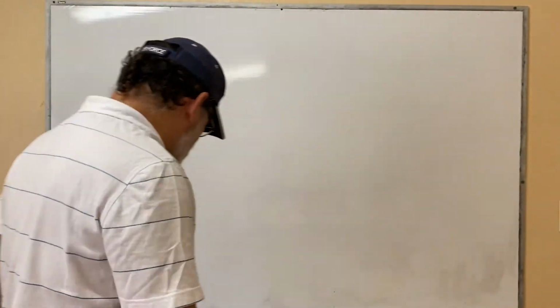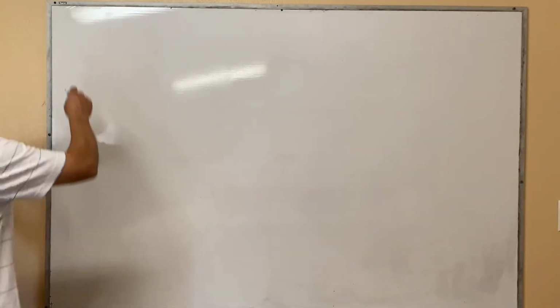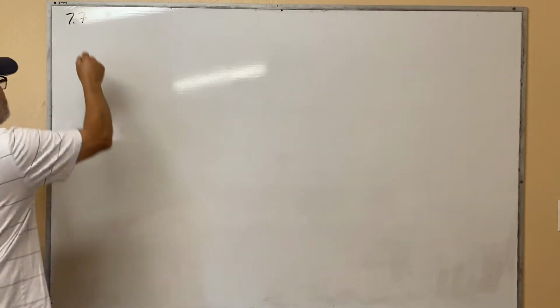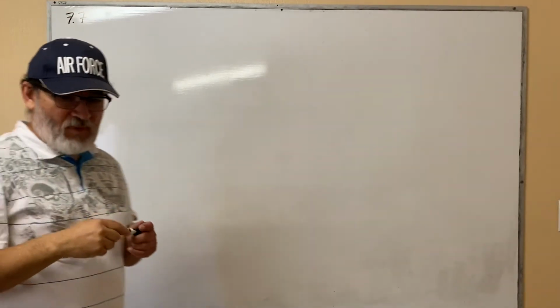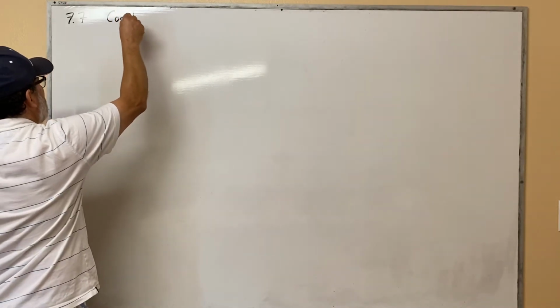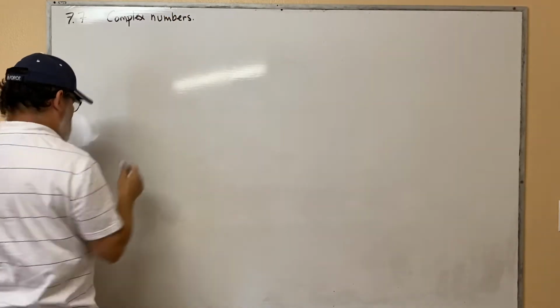What is section 7.7, good class? It is complex numbers.